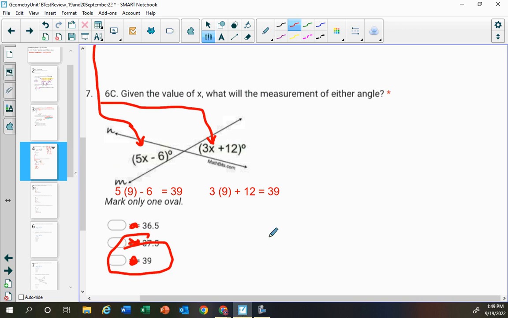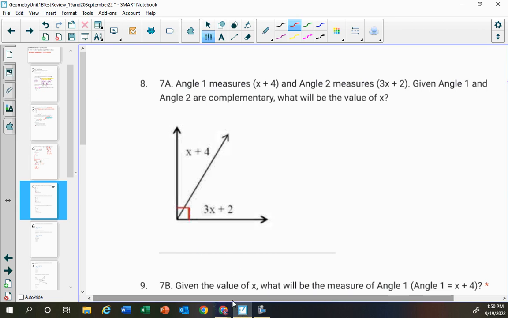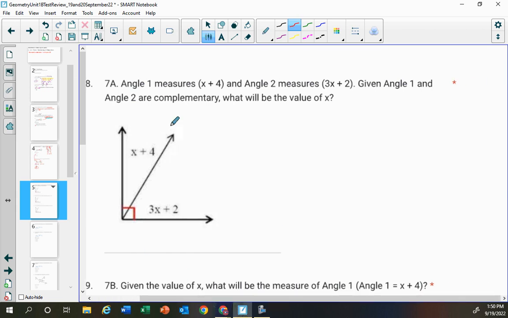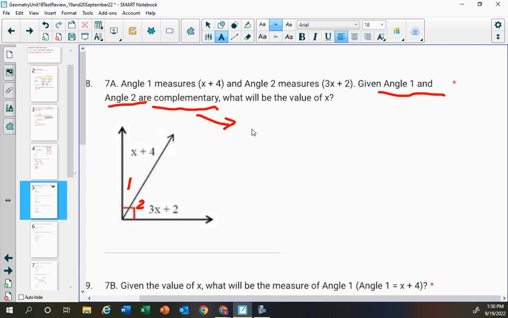All right. Let's talk about the next problem. Complementary. Angle 1 and angle 2 are complementary. We just talked about this. They add up to 90. So I'll just label it angle 1, angle 2. They're complementary.